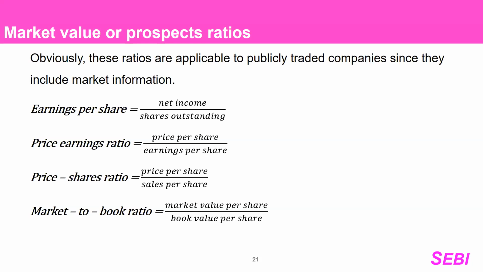So it says that for every share, whatever it earns, this is the premium that the market is placing on it. So the only difference between the price to earnings and the price to sales is that earnings per share takes into account profits, while the price to sales takes into account revenue.